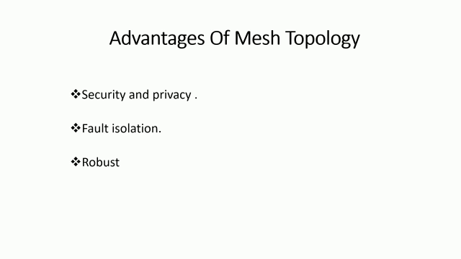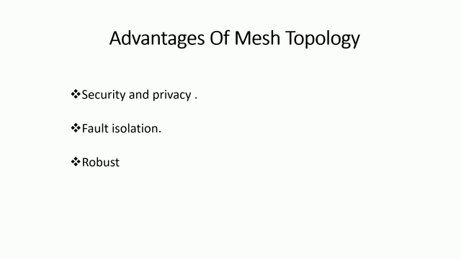Advantages of mesh topology. First, fault isolation and fault identification is easy. Next, there's an advantage of security and privacy. That is, when a message travels along a dedicated link, only the intended recipient can see that message.